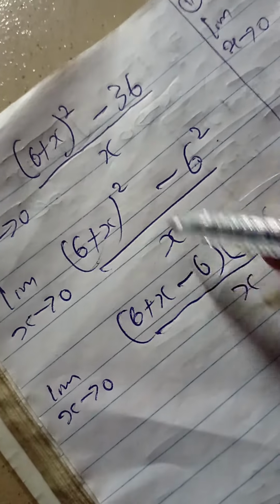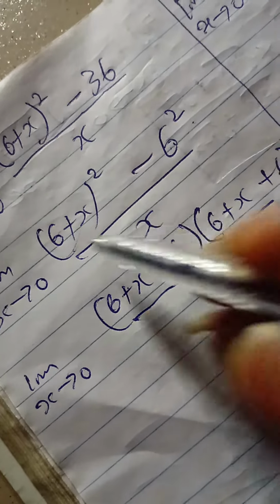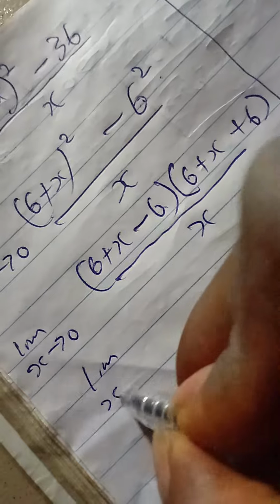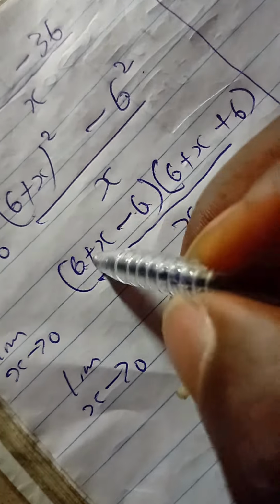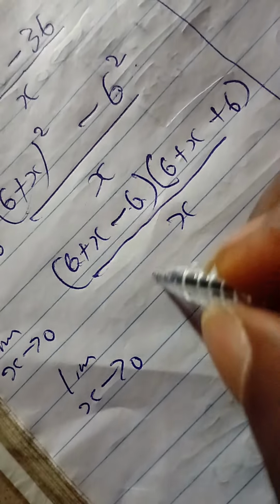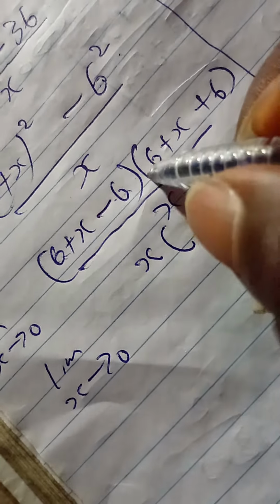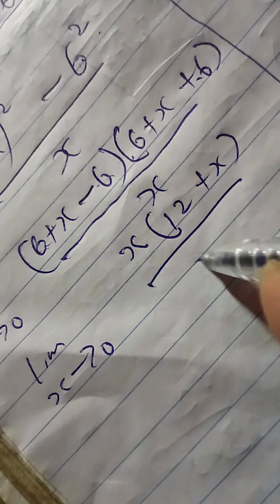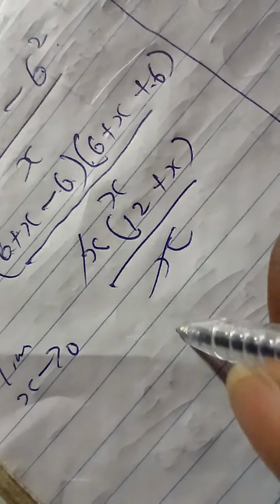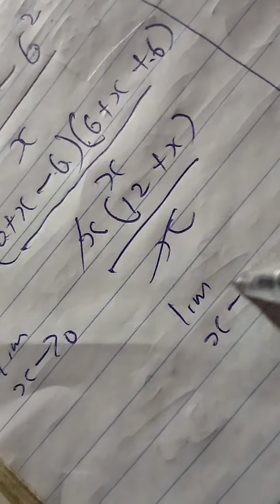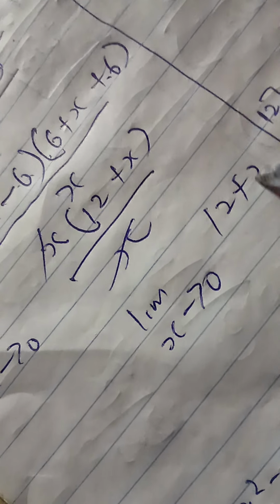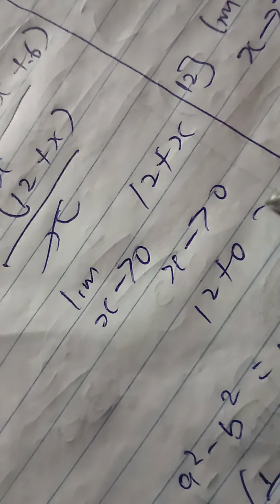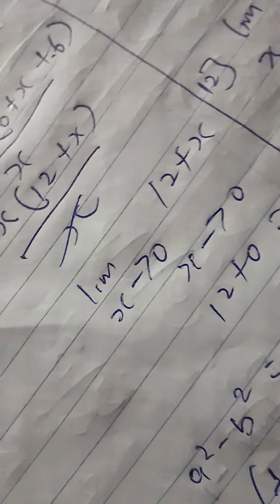So a minus b multiplied by a plus b. Do we get? So it's equal to limit as x tends to 0 of what? 6 plus x minus 6 cancels 6. Here we have what? X multiplied by 6 plus 6, 12 plus x, right? Over what? Over x. So this cancels. So it equals to what? Limit as x tends to 0 of what? 12 plus x. So as your x tends to 0, you have what? 12 plus 0 equals to what? 12. That's clear.